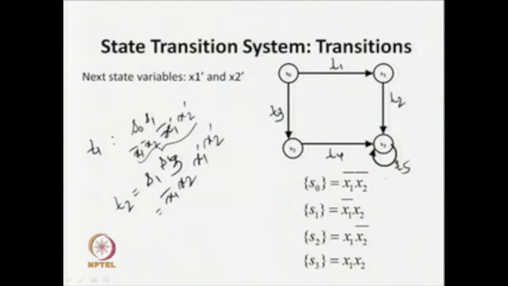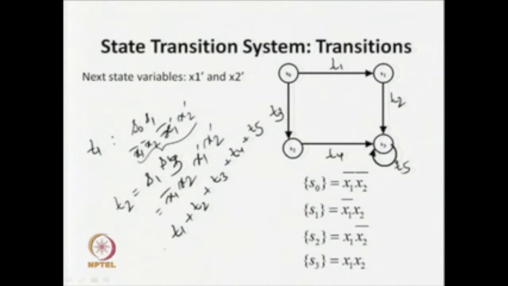Now, all those 5 transitions will be represented with the help of the summation of those terms. That means, T1 plus T2 plus T3 plus T4 plus T5. So, these are the 5 transitions that we have in this system.